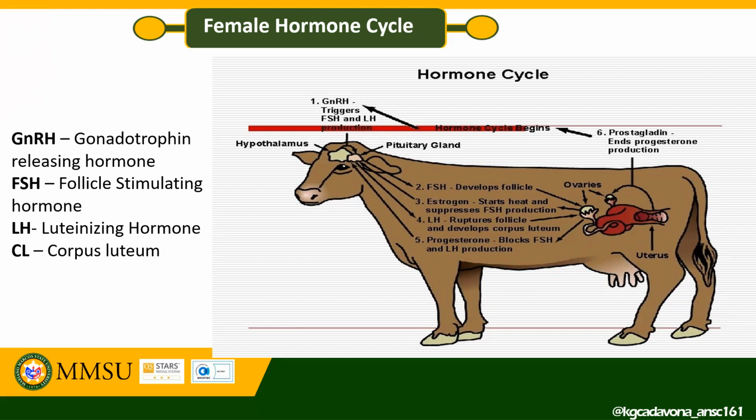So just like the function of the GnRH or the gonadotrophin releasing hormone in male animals that is being produced by the hypothalamus, si GnRH dito sa female hormone cycle, siya ang responsible in stimulating the pituitary. Okay? Siya yung responsible para ma-stimulate yung pituitary gland.